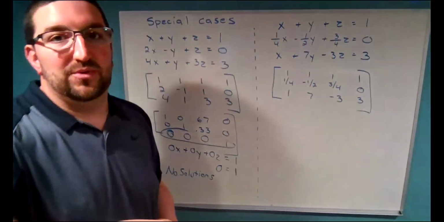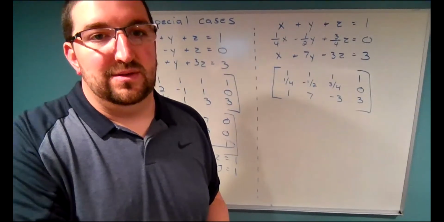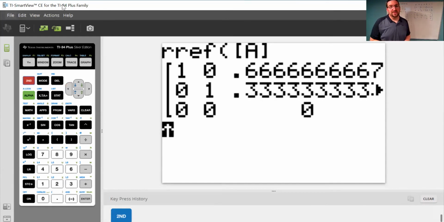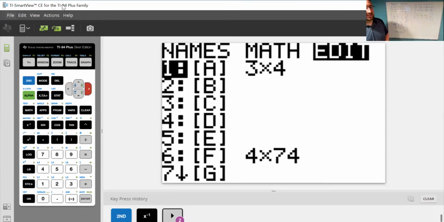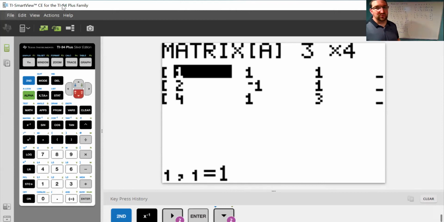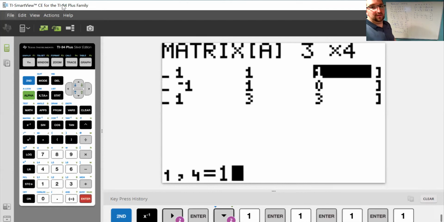But we are going to enter that into our calculator again. I'm on this screen. So now I have to go back into my matrix menu, go over to edit, and I have a 3x4 matrix still, I'm going to keep that in A. There is no way to delete your matrices, so you're just going to rewrite it over again. So we're going to do 1, 1, 1, 1.